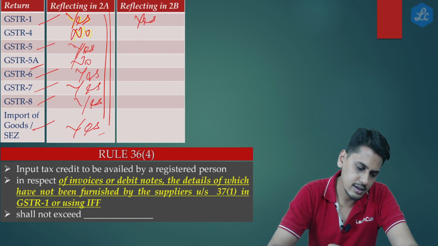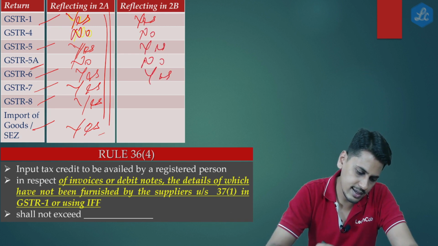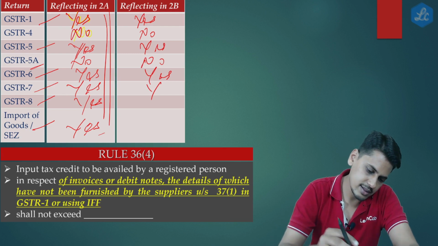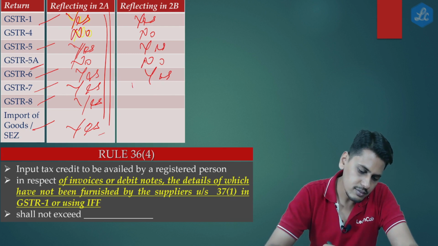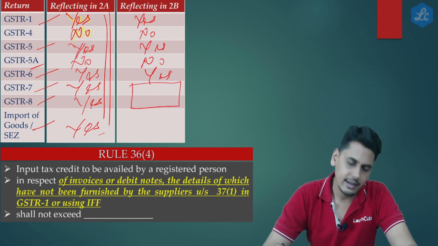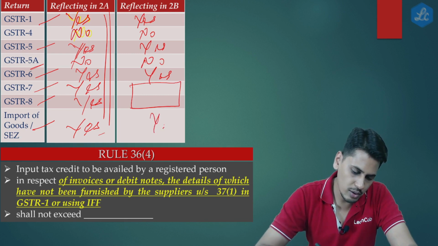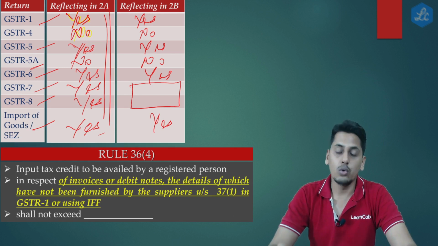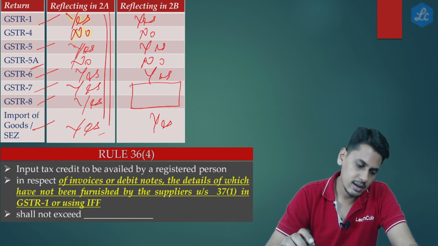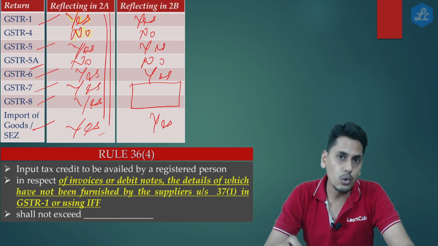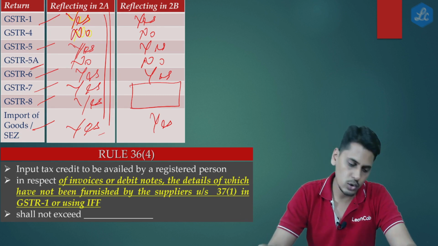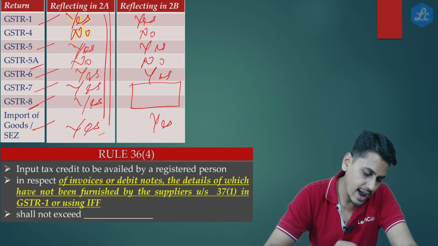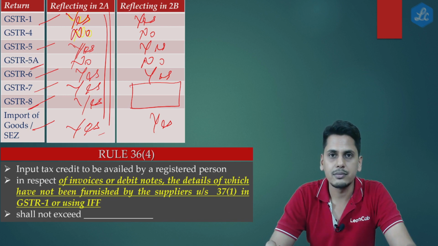GSTR 1 yes, GSTR 4 no, 5 yes, 6 yes, 7, let's keep the 7 pending, 7 and 8. And import of goods or special economic zone yes. Friends, the only difference between the source of GSTR 2A and the source of GSTR 2B is this GSTR 7 and GSTR 8.